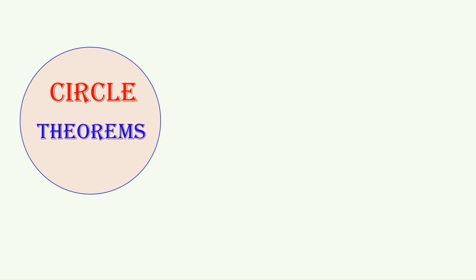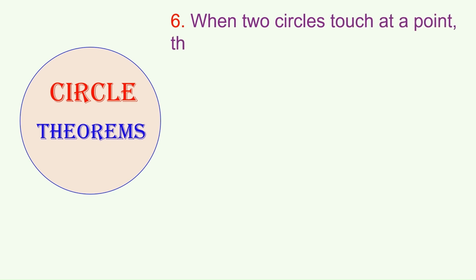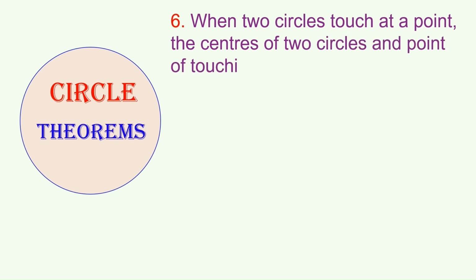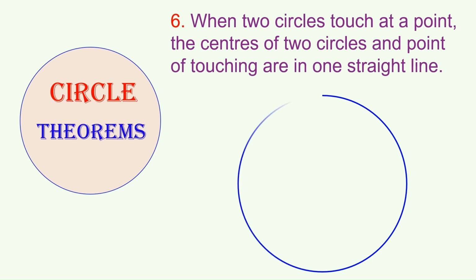Circle theorems. Number 6. When two circles touch at a point, the centers of the two circles and the point of touching are in one straight line.